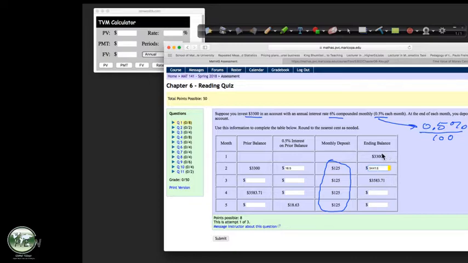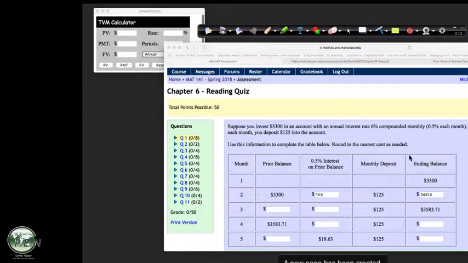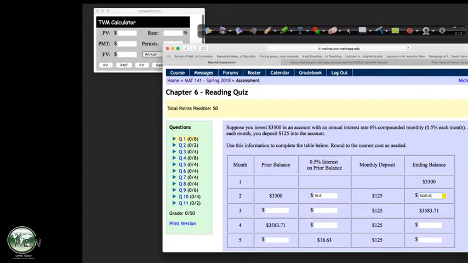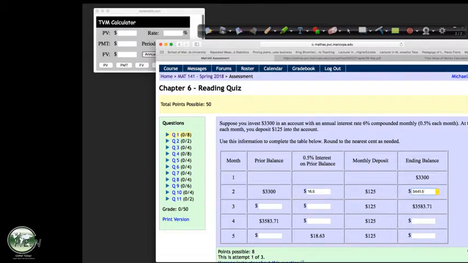3,441.50. Actually, you know what? Should have done this earlier. They're off the screen there. At month 2, we have $3,300, but at month 4, we have $3,583.